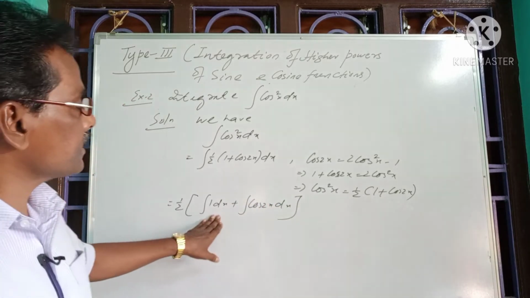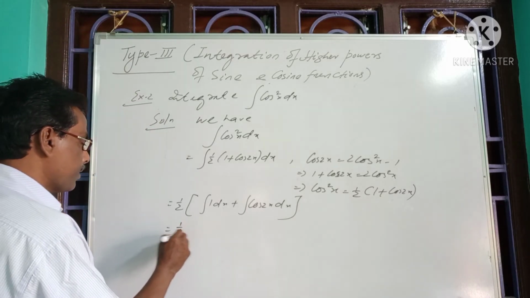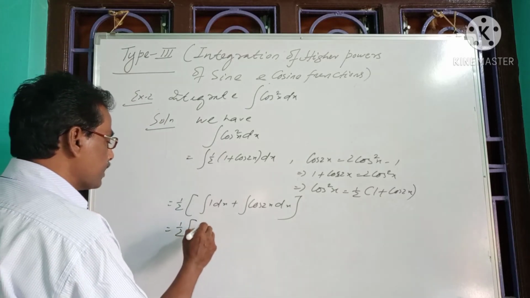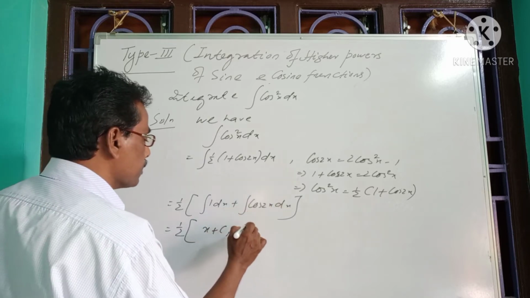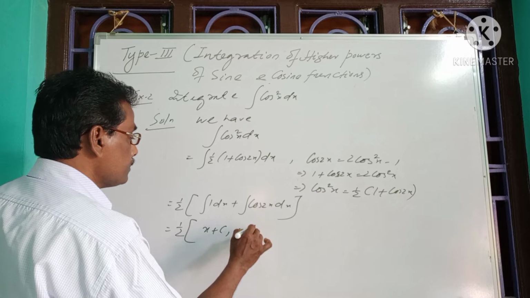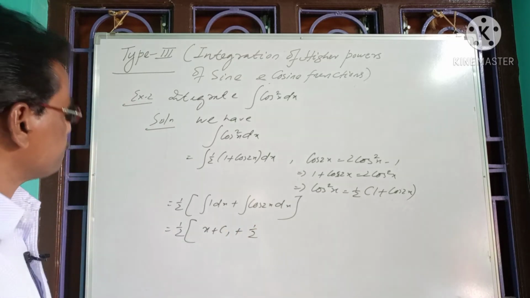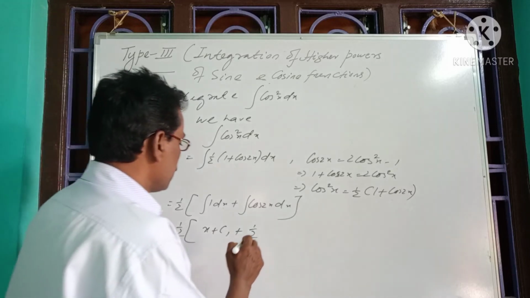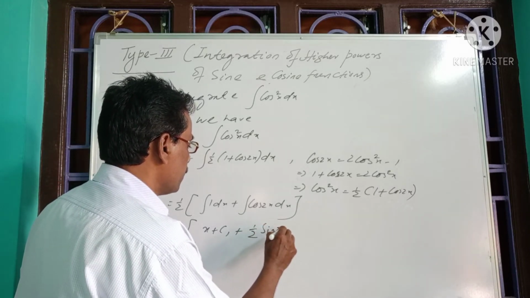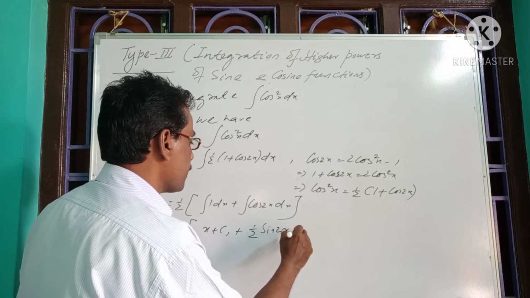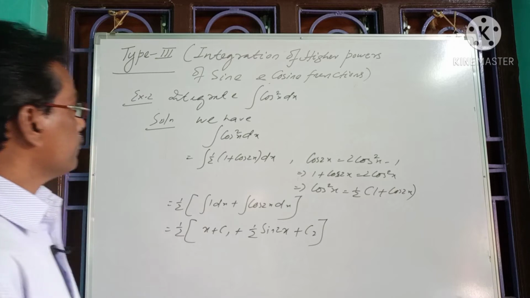Now let us integrate it. Integrating 1 will give us x plus c1, plus the integration of cos 2x will give us half into sin of 2x plus c2, where c2 is the constant of integration.